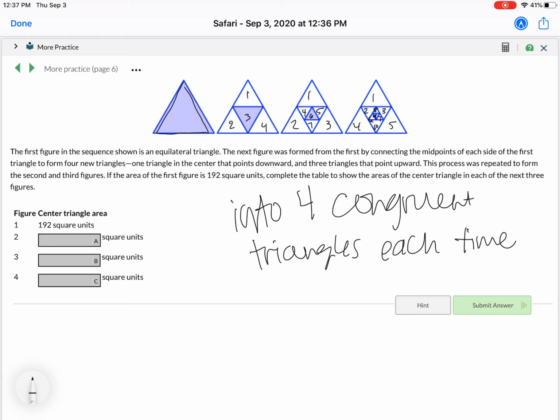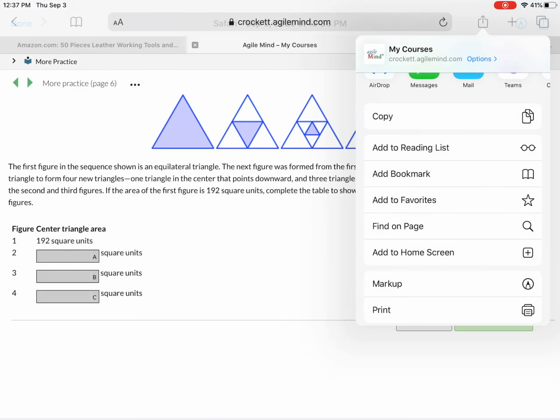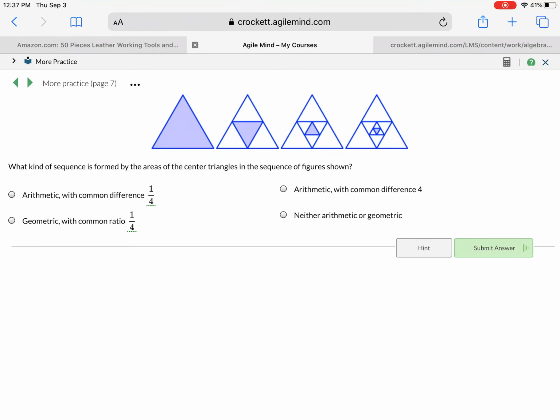So since it's breaking it down 4 times, we can say 192 times a 4th, or 192 divided by 4. Okay? All right. Next. I'm not giving you this one. No hint.